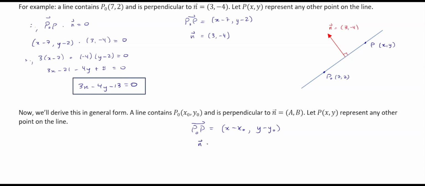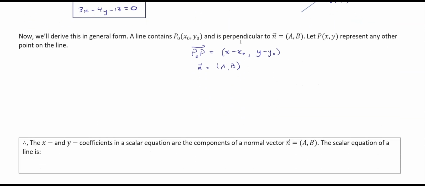I know my normal vector is given as (a, b), and the normal vector is perpendicular to this directional vector right there. So I'll say P0P dot n is equal to 0. So (x minus x0, y minus y0) dot (a, b) is equal to 0.